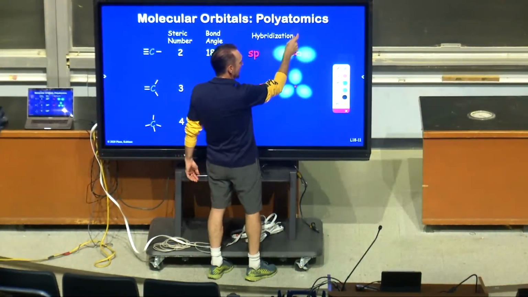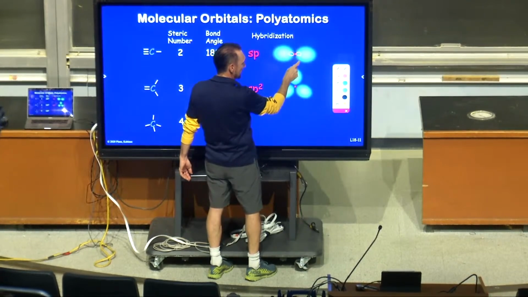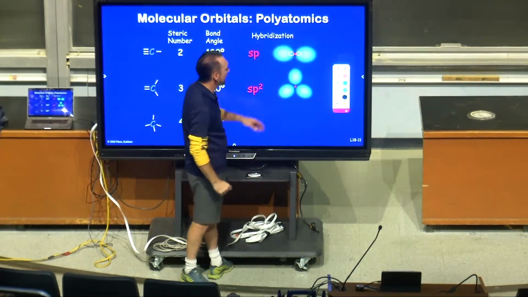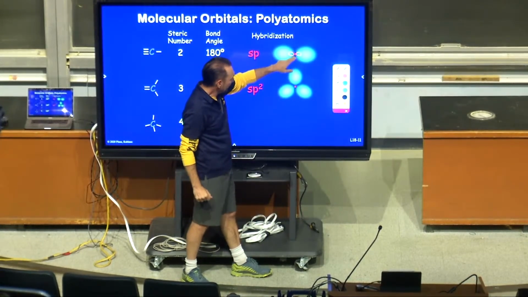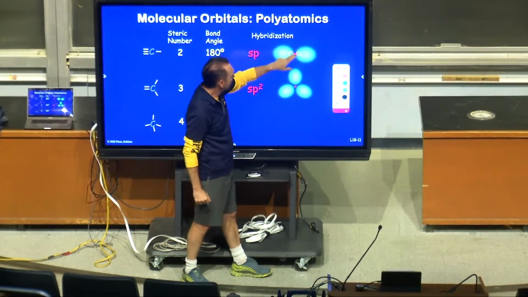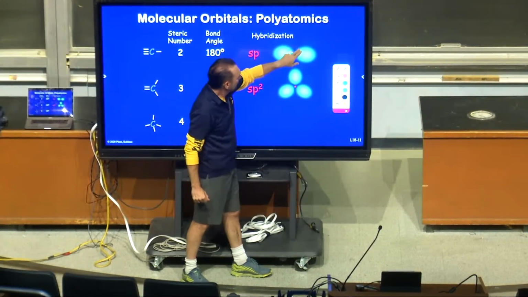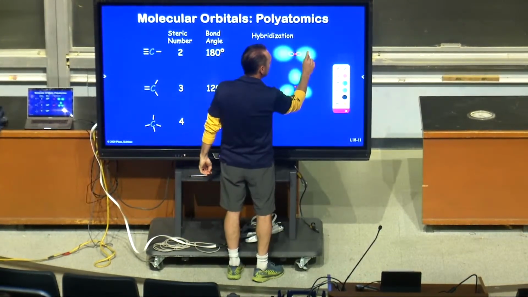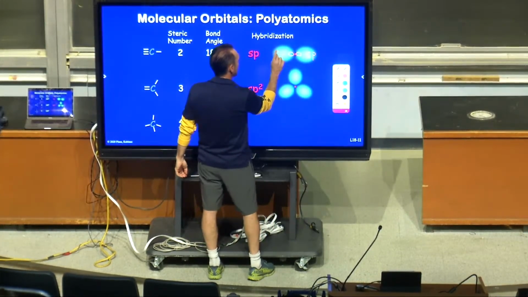There's a node here in the middle where the plus and minus come together, but this is an sp orbital, and this is an sp orbital.